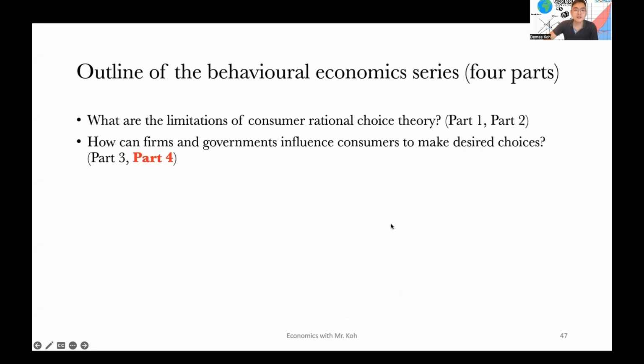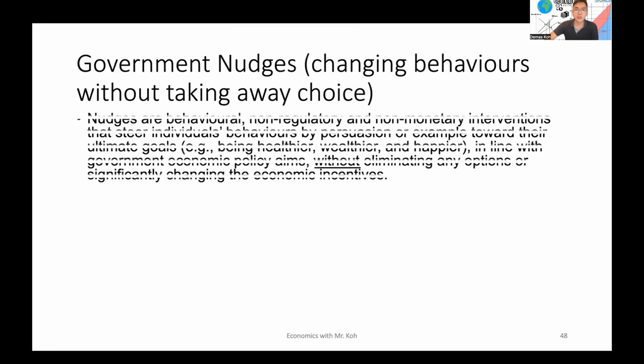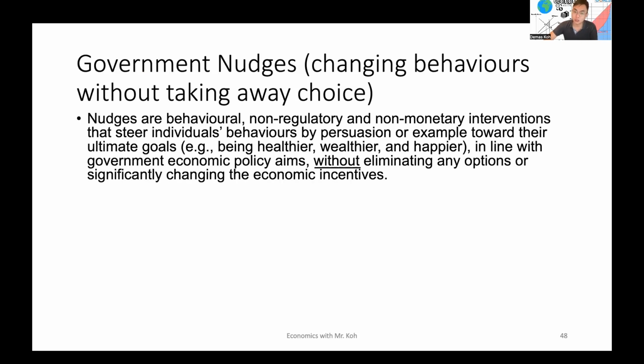So we are still at the second question. How can firms and governments influence consumers to make desired choices? And we're now going over government nudges, changing behaviors without taking away choice.